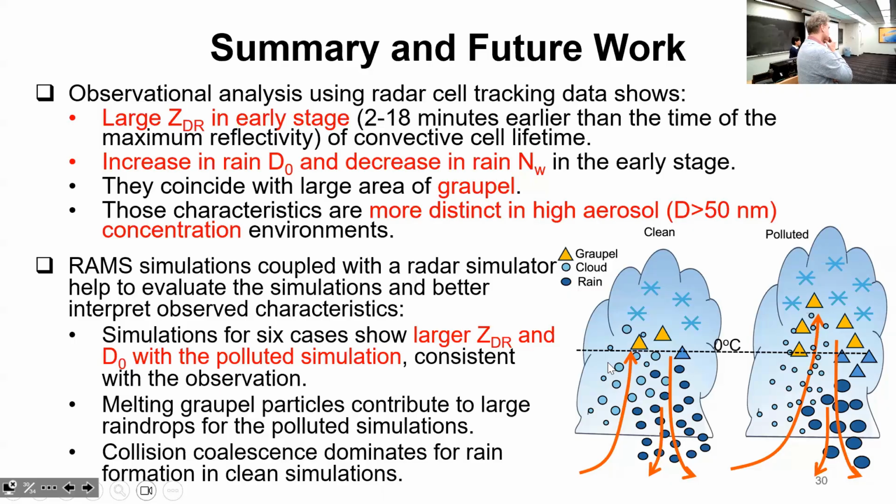With the simulation, you will be able to keep the meteorology the same but the aerosols different. That's a good point to discuss.